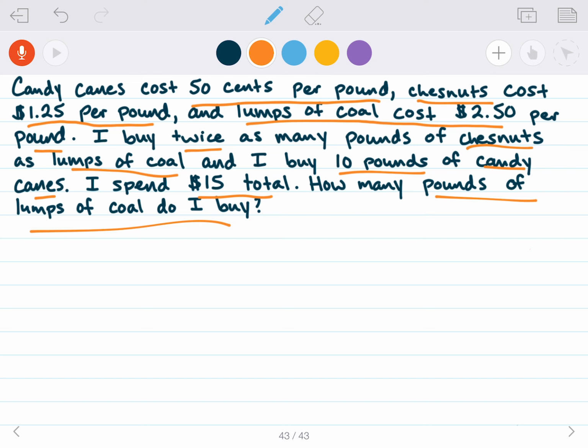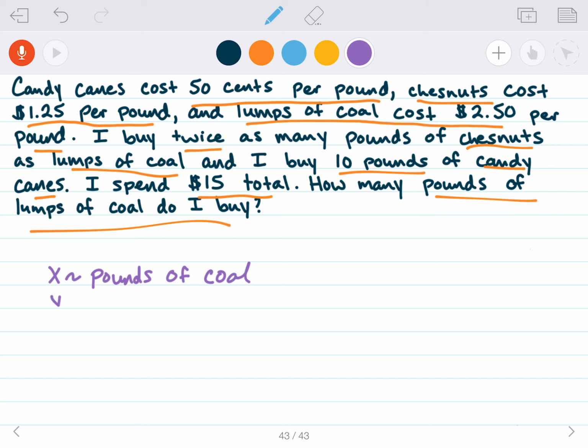So I know that my variable is going to be pounds. So let's name variables for each pound component. Now, pounds of lumps of coal, I can say that's x. So I can say let x be the pounds of coal. So I'm trying to find x. X is pounds of coal. What about the other pounds?